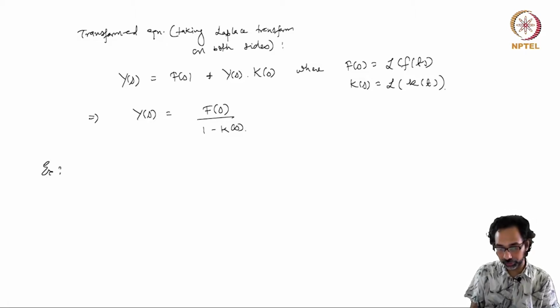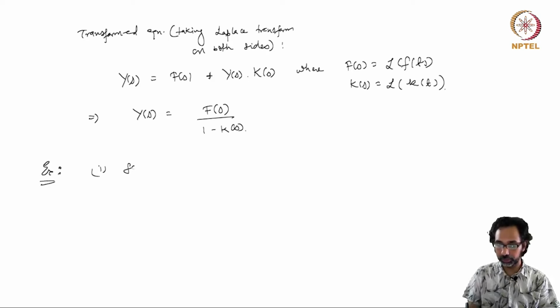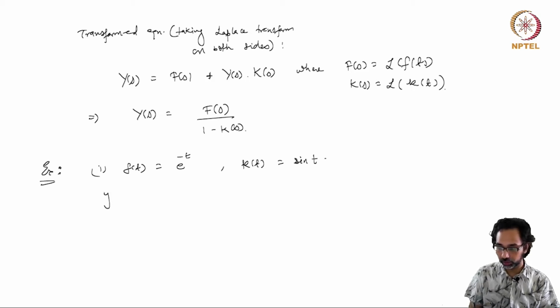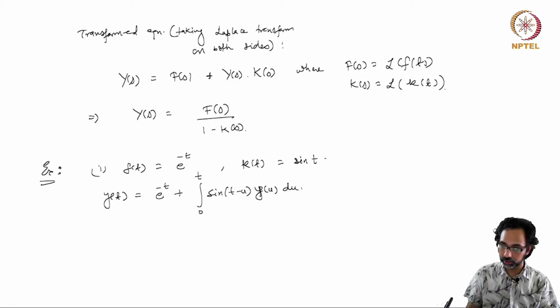So let's take an example. We consider f(t) equal to e to the power minus t and the function k(t) equal to sine t. So the integral equation is y(t) equals e to the power minus t plus the integral from 0 to t of sine of (t minus u) y(u) du.